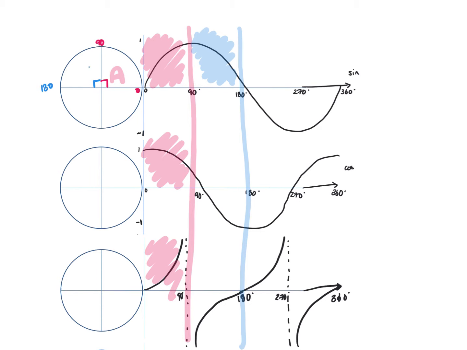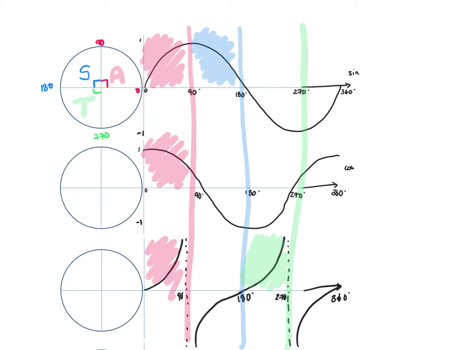So sine is positive here. Now, if you imagine we're then going to 270, if I add another 90 degrees, between 180 and 270, the only positive graph is tan.